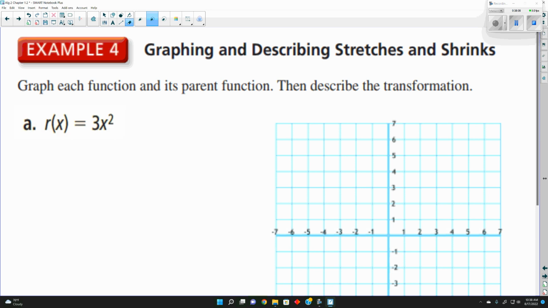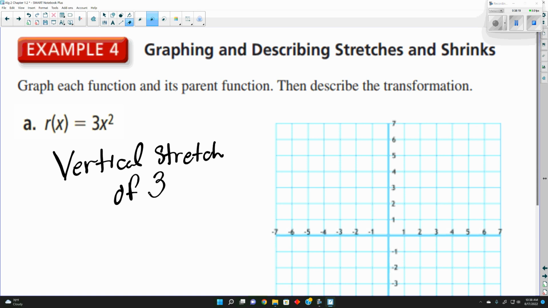How about this one here? Yes, vertical. Basically, we just have to look at the one beside the x and see how big it is.